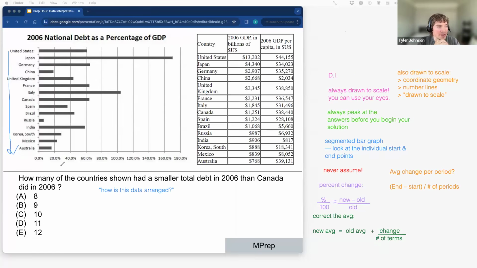What is the key metric we're using to arrange everything? And everything in both the chart and the accompanying table is sorted by this column here: GDP from biggest to smallest.